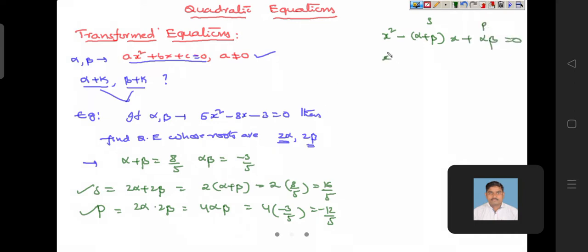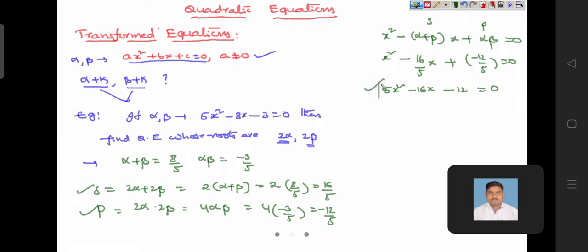Then x² - (16/5)x + (-12/5) = 0. Multiplying both sides by 5, you will get 5x² - 16x - 12 = 0. So this is the required quadratic equation.